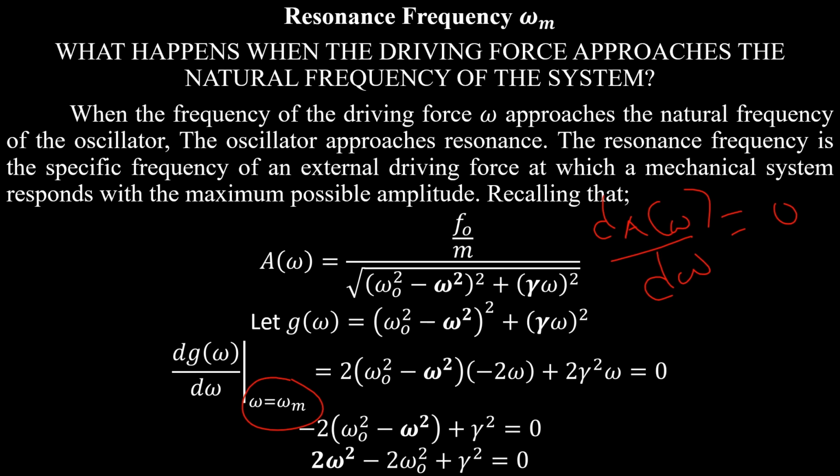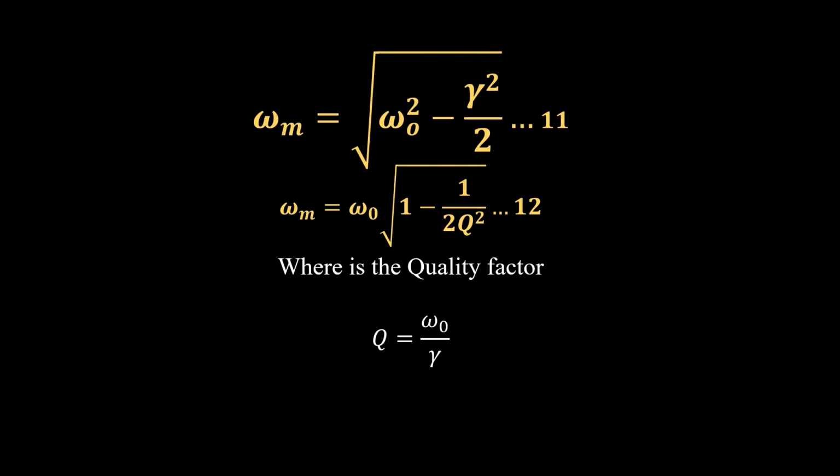So from here, if we make omega the subject, we're going to have this expression finally. So this is the expression for our resonance frequency, and we still know that our quality factor is omega naught divided by gamma. So this expression here is the same as this expression.